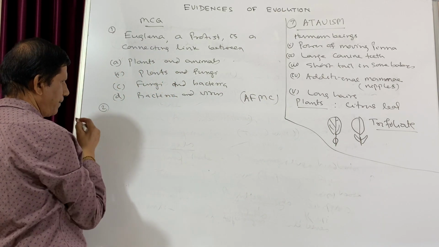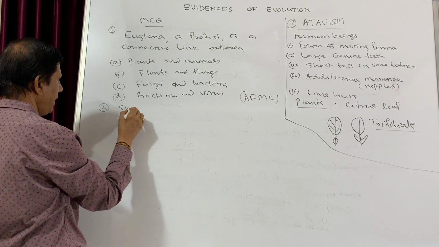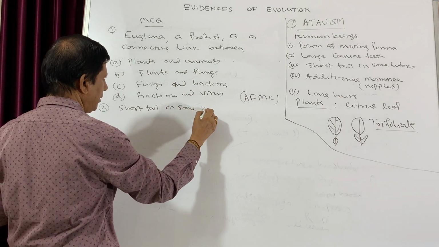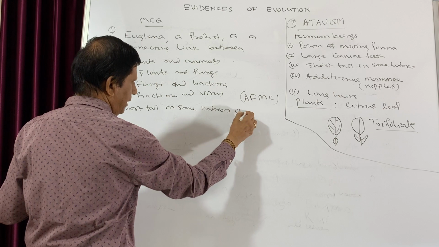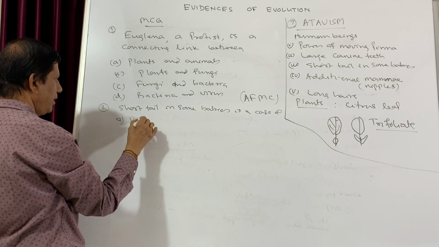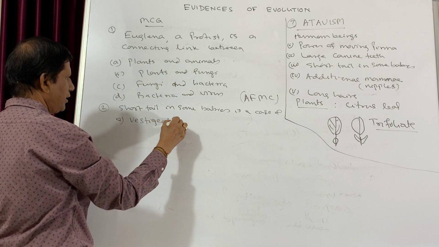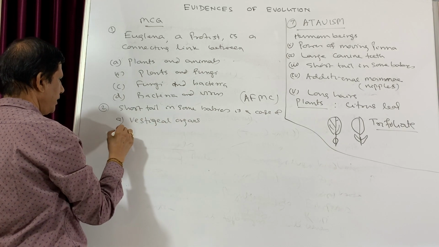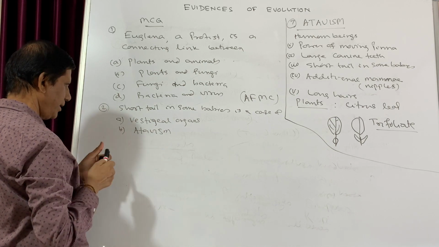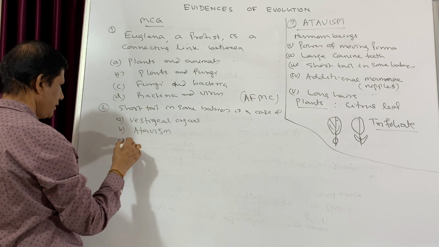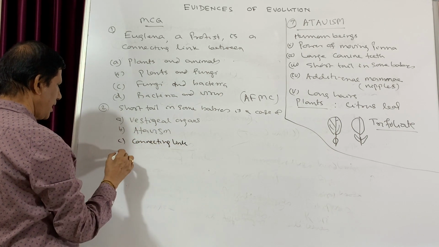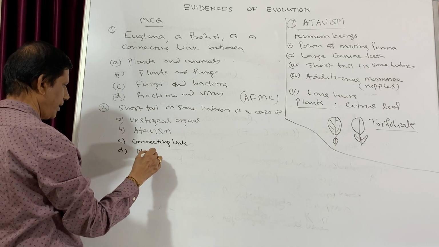Now come to the second question. The second question is: short tail in some babies is a case of first choice, vestigial organs; second choice, atavism; third choice, connecting link; and fourth choice, none of the above.